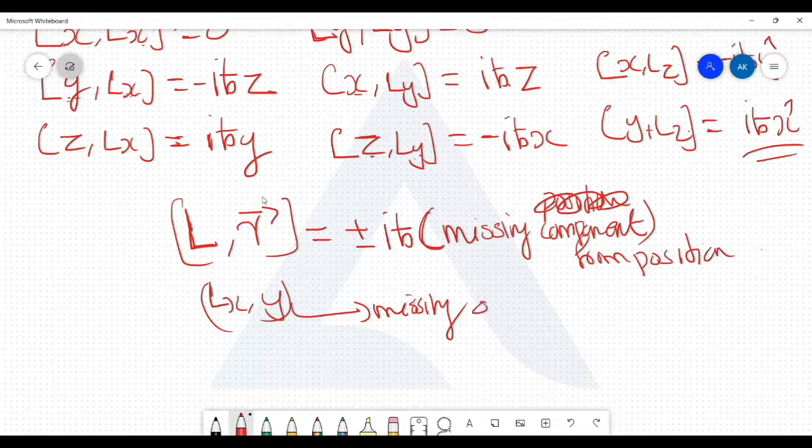Missing component equal to z. Where should you take it from? You should take it from position, not Lz, from position.